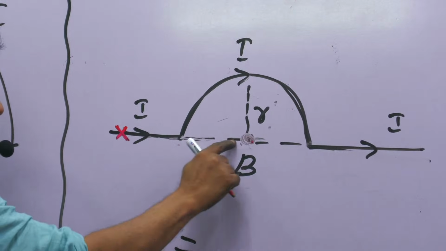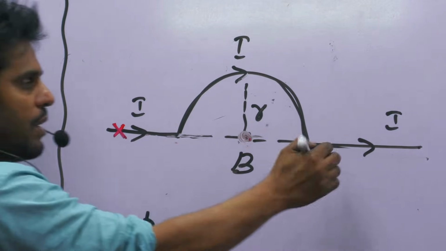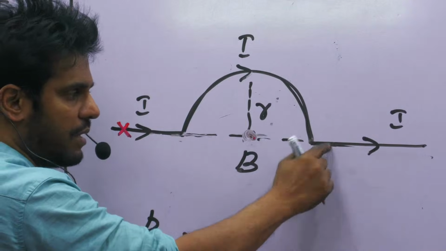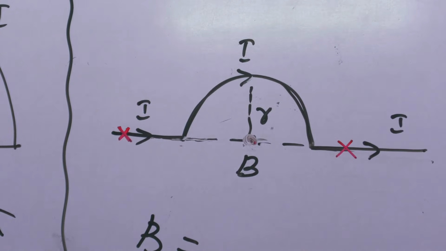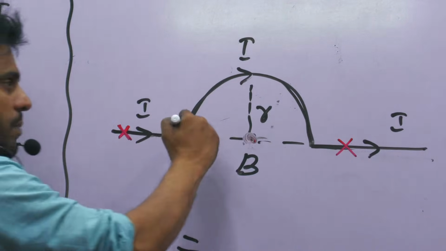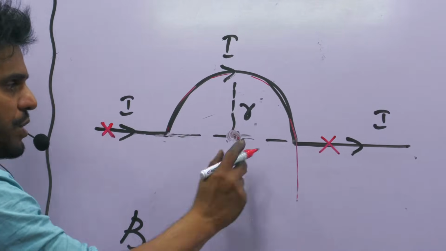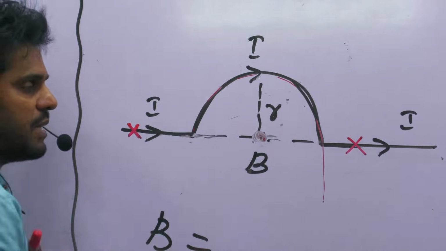Because when you extend this line, you can meet that necessary point. Again, when you extend this line, necessary point on that line, so again it does not make magnetic field. Now you can see, when you extend this line continuously, you cannot meet that necessary point, so it makes the magnetic field at center.